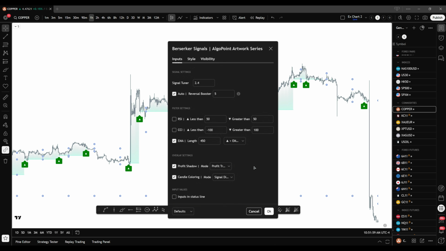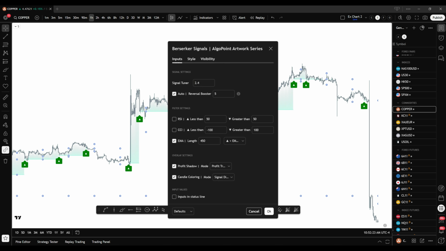So if you're someone debating between wanting some kind of customization, but not too much to where you get confused, I think this indicator does a really, really good job at it. So I would say that this is actually pretty good, and it's actually cheaper too. I can't remember the exact price, but I know it's a little cheaper.